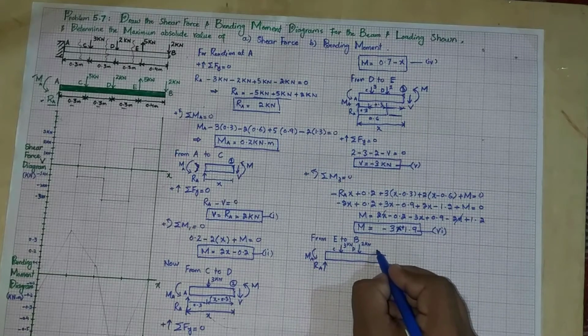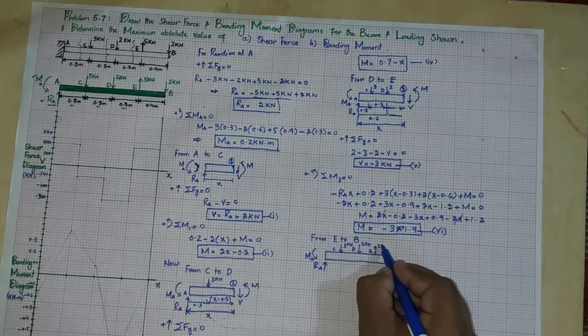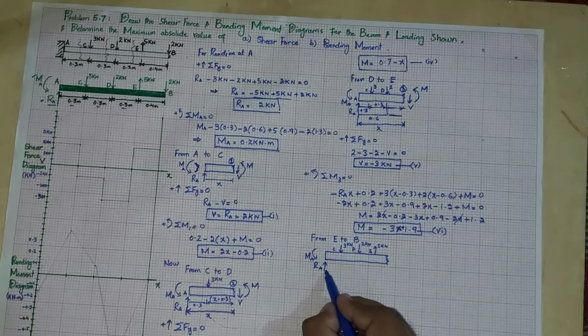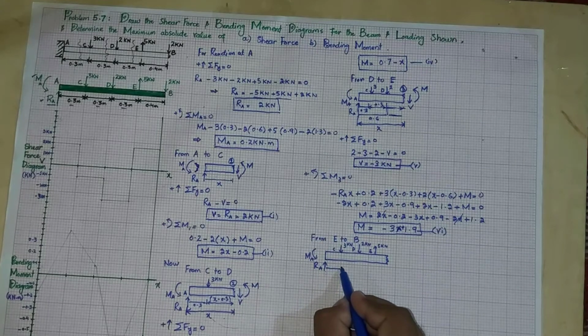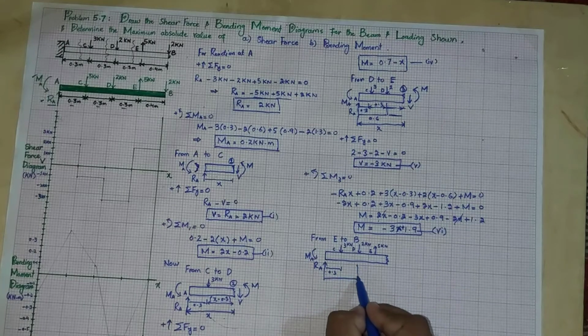and there is a point E where a 5 kilonewton force is acting. From this point to this point, this distance is 0.3. From point A to point D, this distance is 0.6.